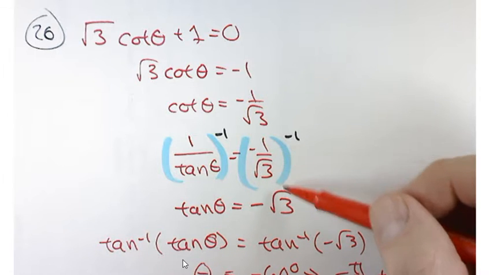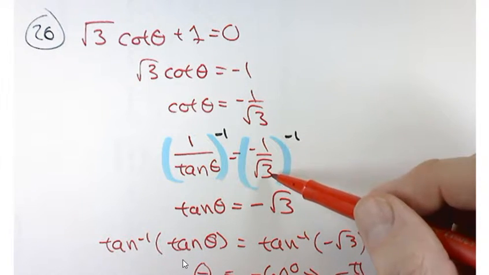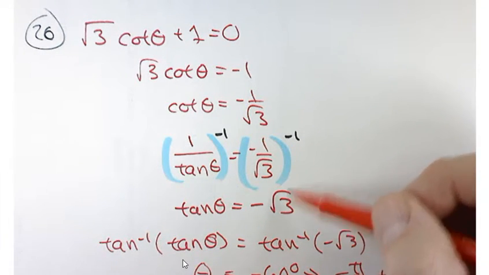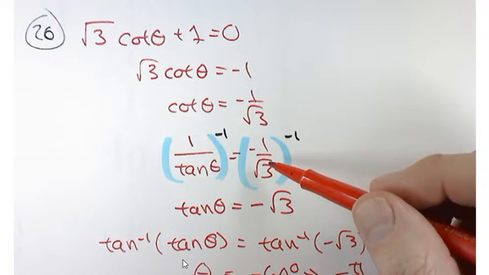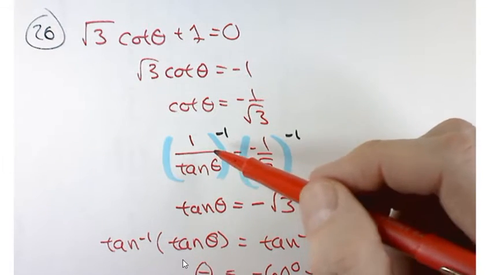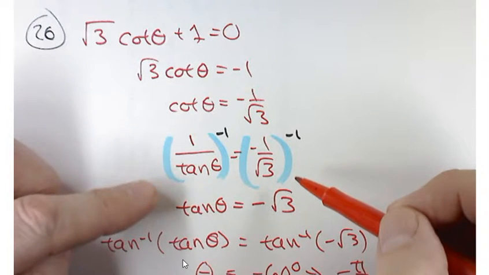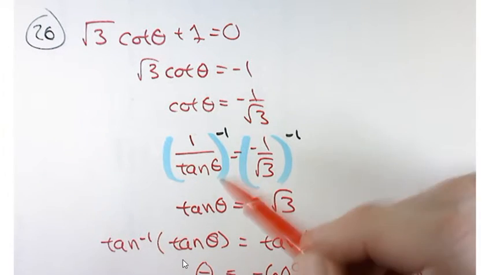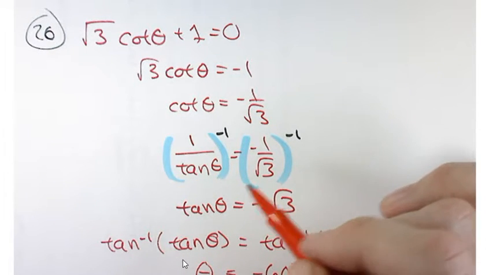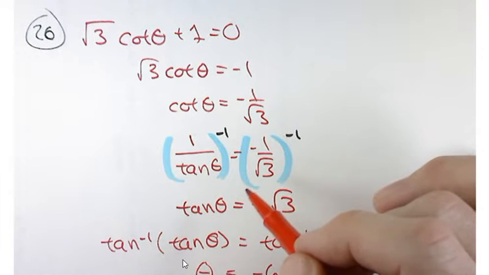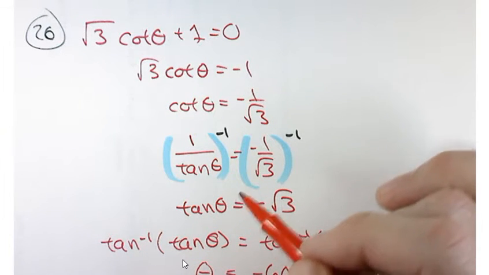It's not the same thing, though. The reciprocal of 1 over square root of 3 is square root of 3. I did it to both sides, though. It's all right. That's why they pay me the big bucks.